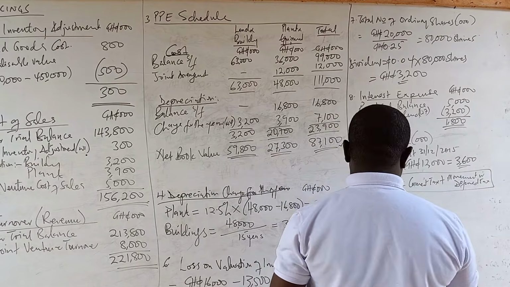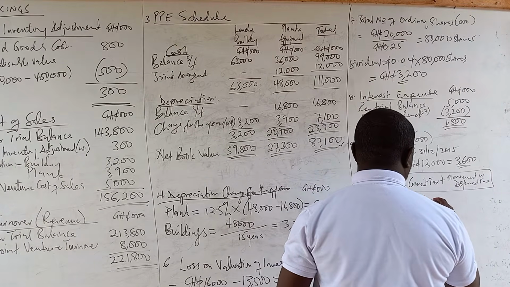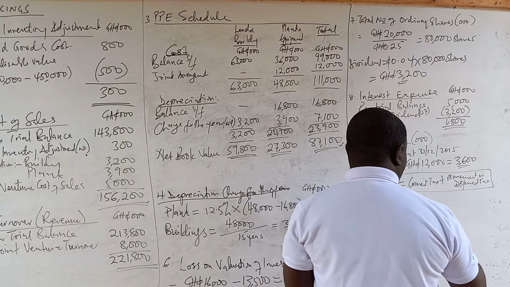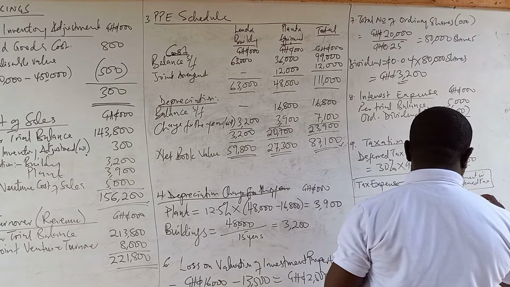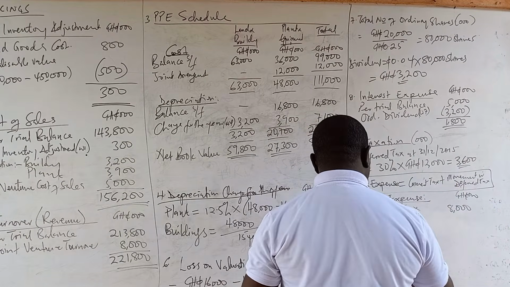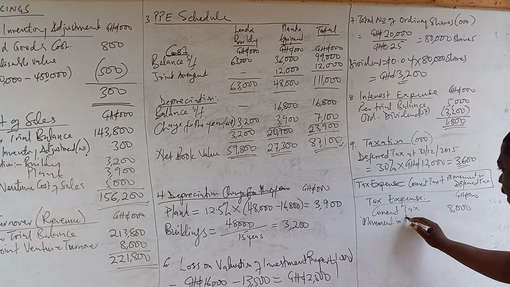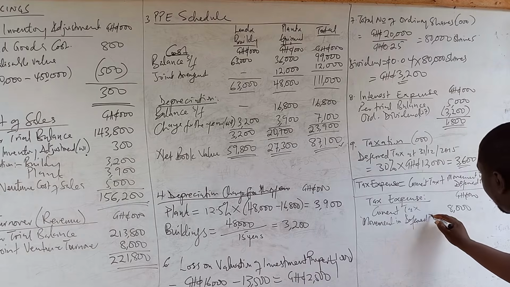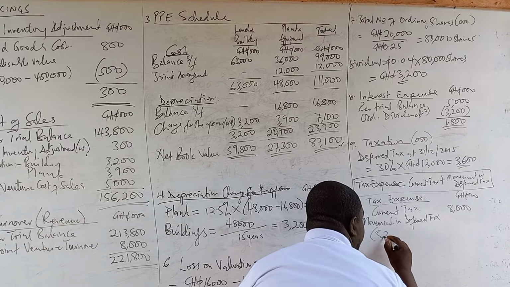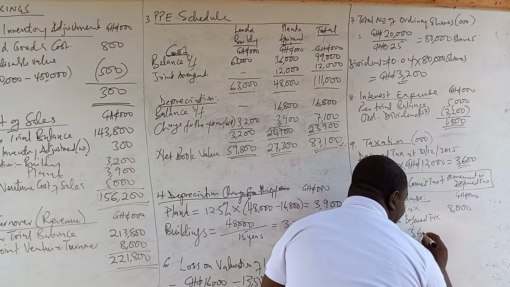And so tax expense is going to be your current tax. The current tax, with 3 zeros up, is 8 million. Then movement in deferred tax. How do we get the movement in deferred tax? It is your 5,200, which is the opening balance, minus the closing balance of 3,600.